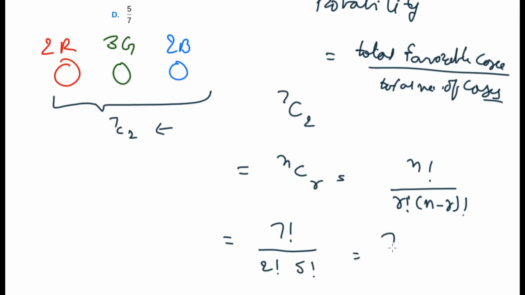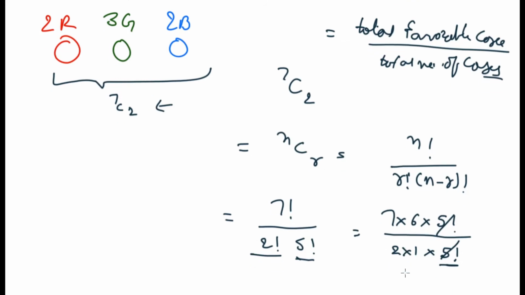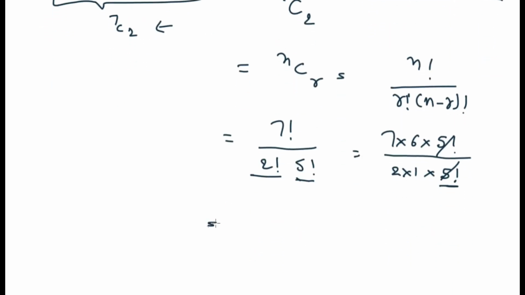If we expand this, 7 into 6 into 5 factorial upon 2 into 1 into 5 factorial. I have just expanded this, not this. So this is same, I just cut it out. This will come as the result of 7 times 6 are 42 upon 2. We'll just remain in this form.